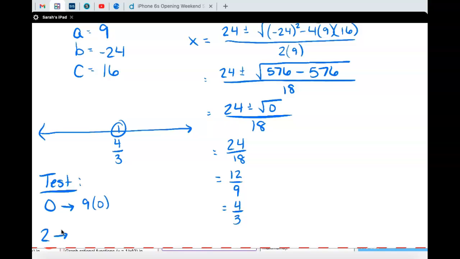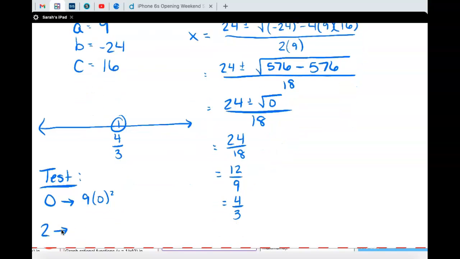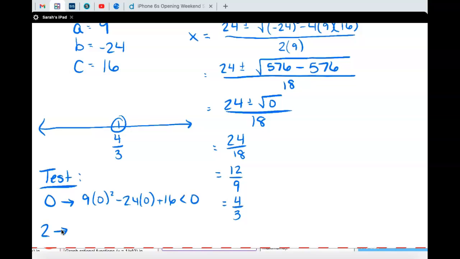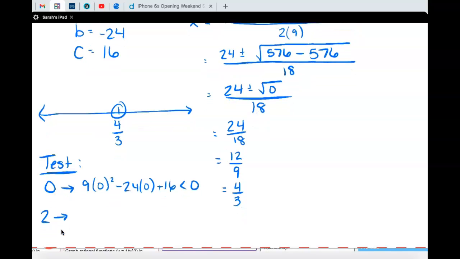The original: 9 times 0 squared, minus 24 times 0, plus 16 less than 0. The first two terms cancel, so 16 less than 0. False. So we know it's not on that side.